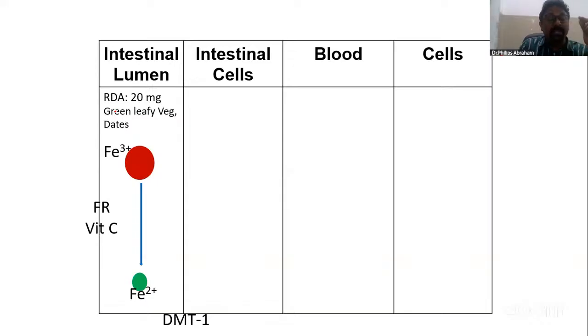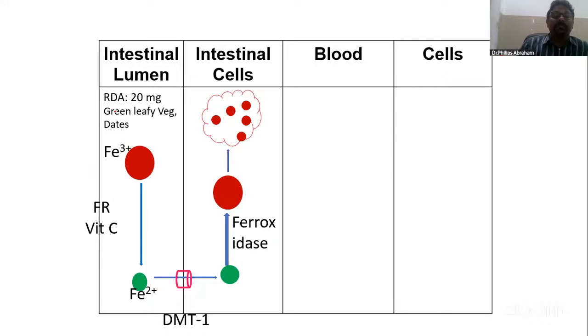Now listen, we said Fe2+ is divalent, so we have DMT1, the divalent metal transporter. Through that, the iron is absorbed. In this cell, it may get stored as such, as ferritin. Otherwise, whenever it is needed, this iron in the Fe2+ state, with the help of another transporter, ferroportin, and the enzyme peroxidase, enters the blood.